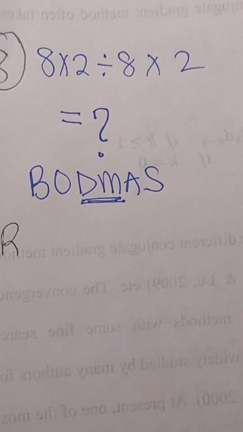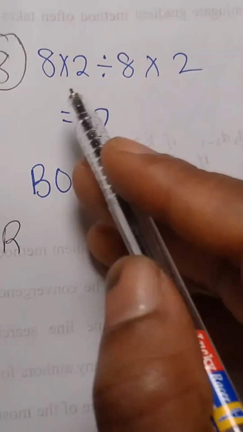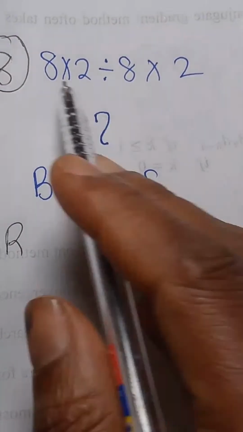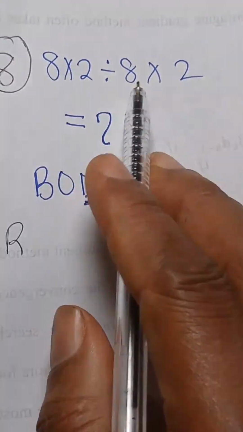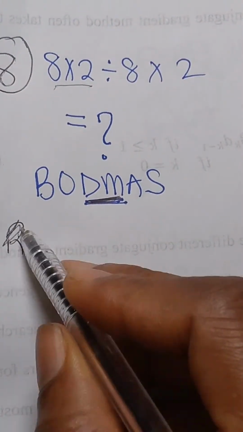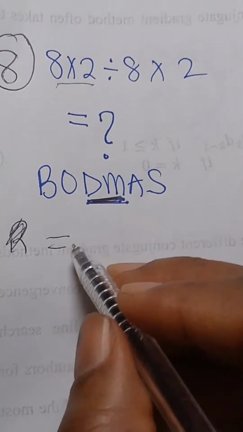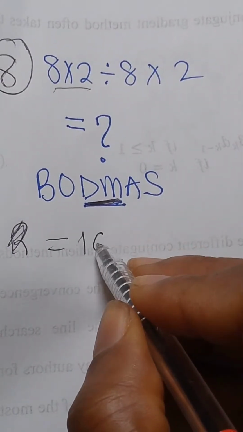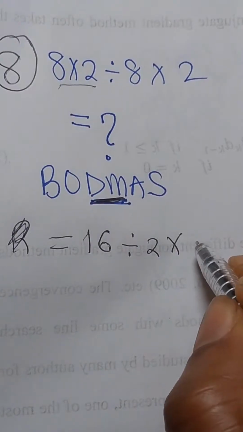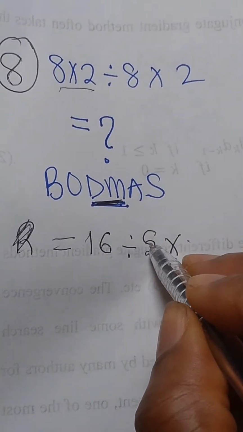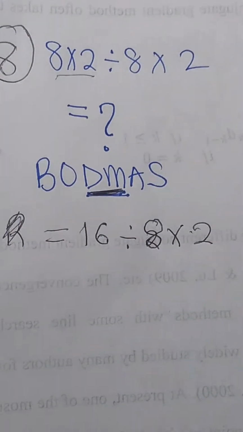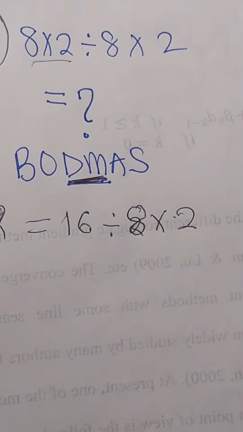Okay, so let me solve it. Multiplication and division are at the same level. You apply the one that comes first from left to right. So here, multiplication came first, so we'll multiply first. If we do that, you have 8 times 2 is 16 divided by 8 times 2.